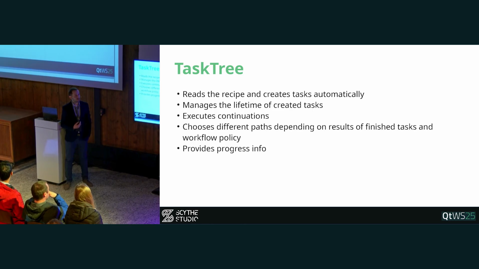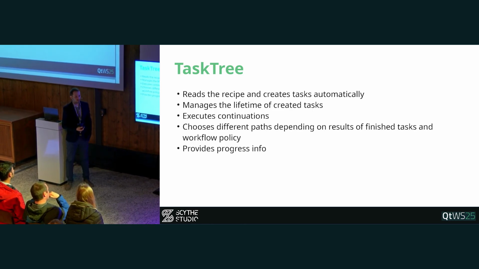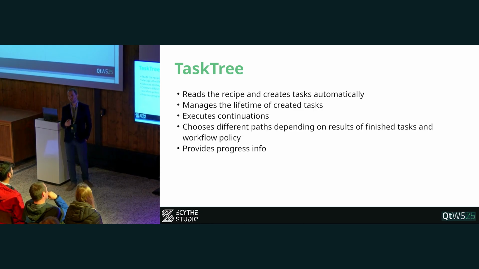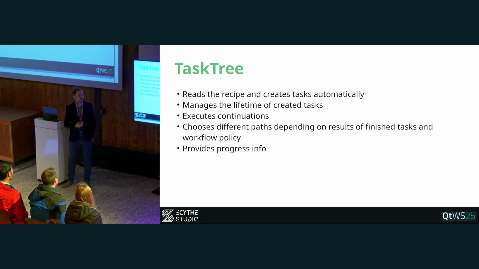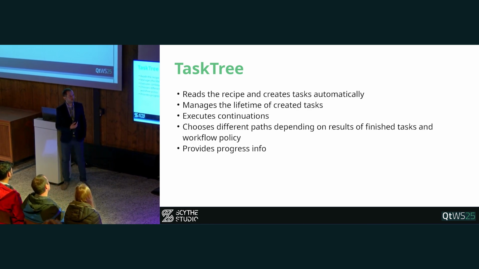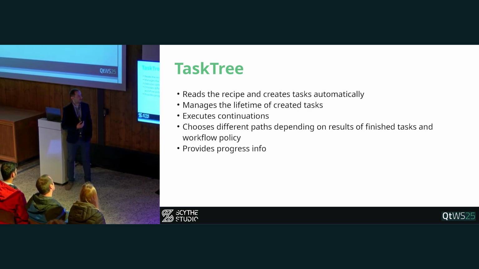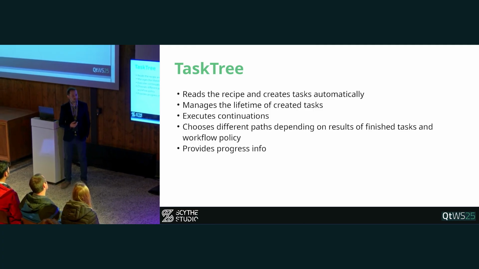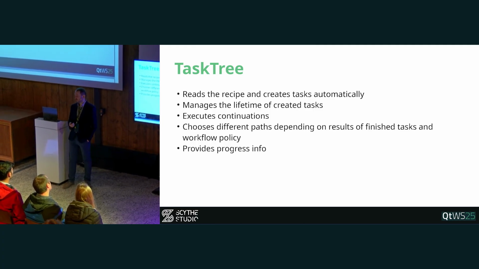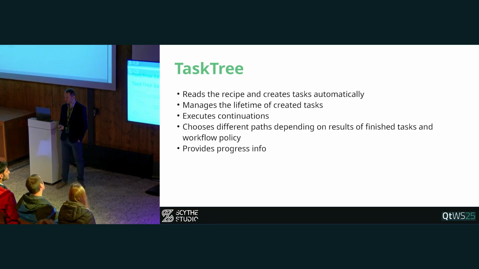Then you pass this recipe to the task tree, which is the executor, and it will instantiate all the objects as specified in the recipe, make sure those are executed as you specified, and it can also skip some of the tasks if there are any errors, and you specified that you don't want to ignore errors, for example.